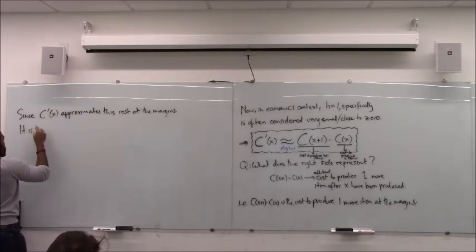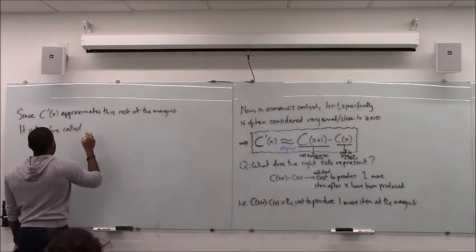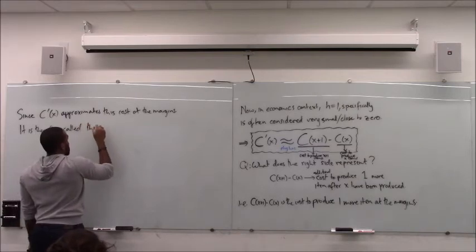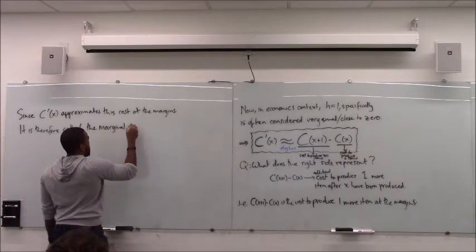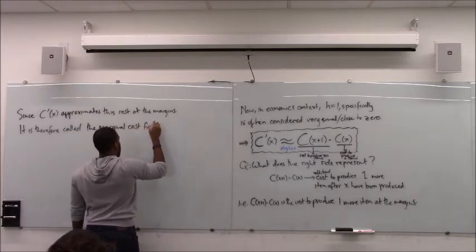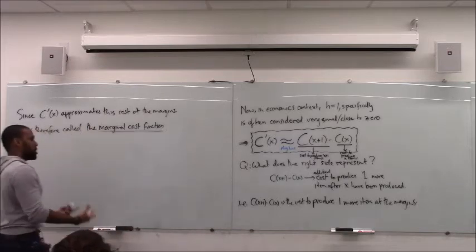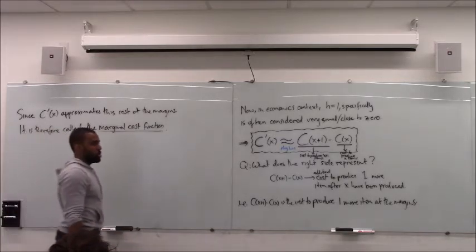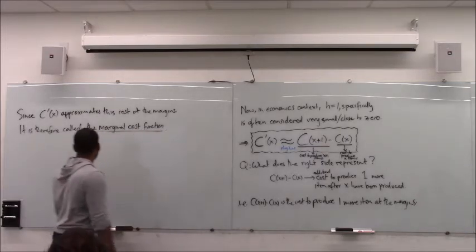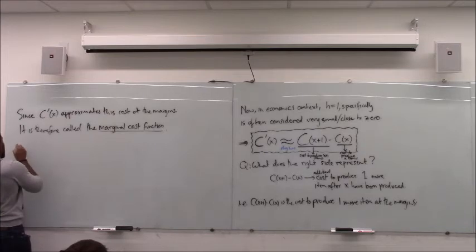It is therefore called the marginal cost function. And I'm going to do an example where we're going to see why you would rather look at c prime as opposed to the original difference. But that's where the name kind of comes from. And of course, we can apply this in general.